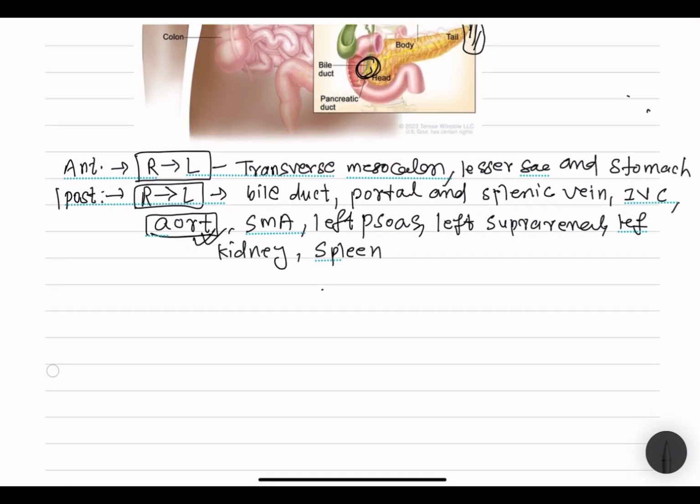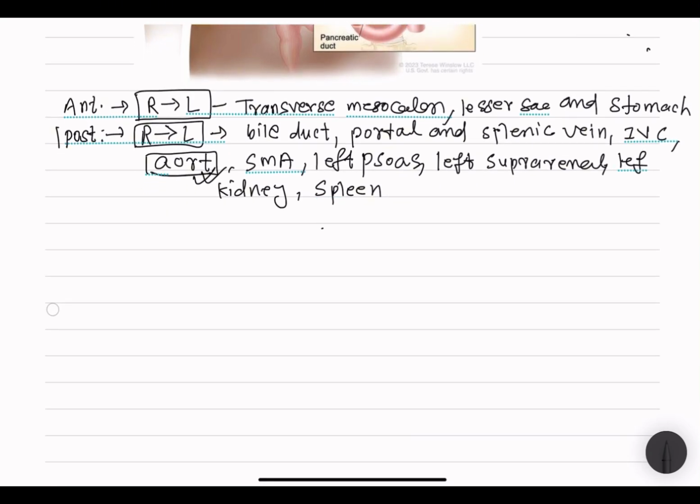So this is the location on the basis of the GI and the other organs. So it's also very important to know where is the location, what is the anteriorly and the posteriorly located organ in the GI.